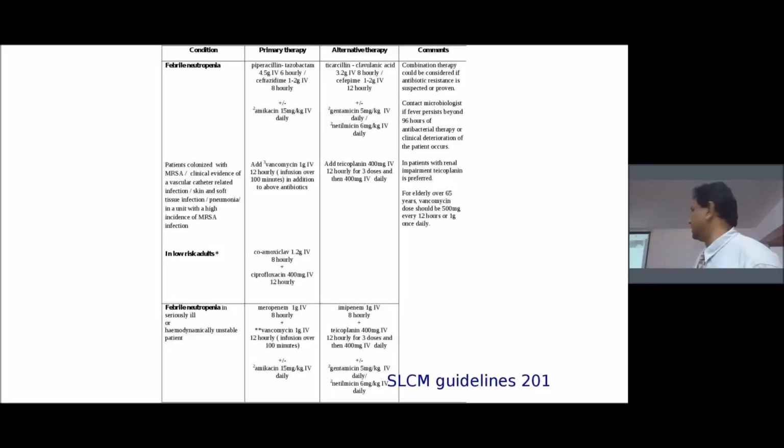So you can decide based on the underlying disease and the immunosuppression the patient had in terms of chemo. So in this patient, you would probably add an aminoglycoside as well. What about gram positive cover? Not gram positive cover, MRSA cover.